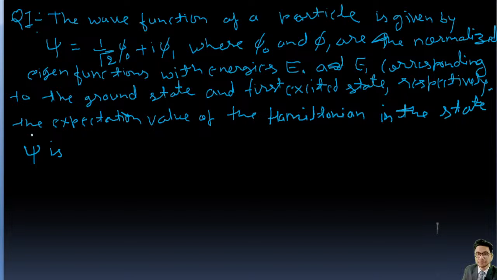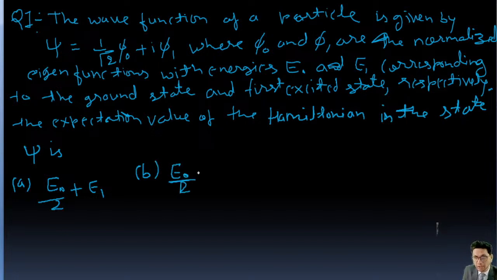Options are: option A, E naught by 2 plus E1. Option B is E naught by 2 minus E1.